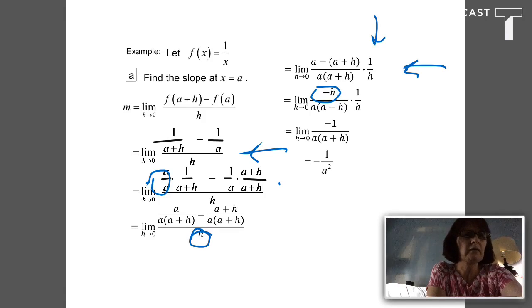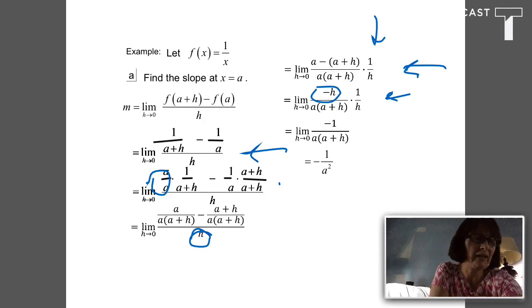So if we look here, I'm going to be able to get around my division by 0 problem because now I have a negative h in a numerator that cancels with this h in the denominator, and leaves behind negative 1. So a negative h cancels with a positive h to leave behind negative 1. And I can simplify.